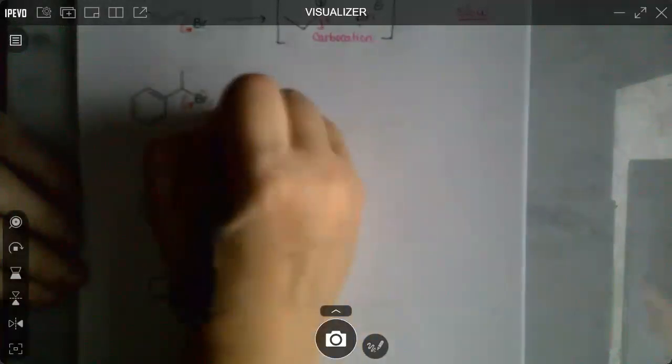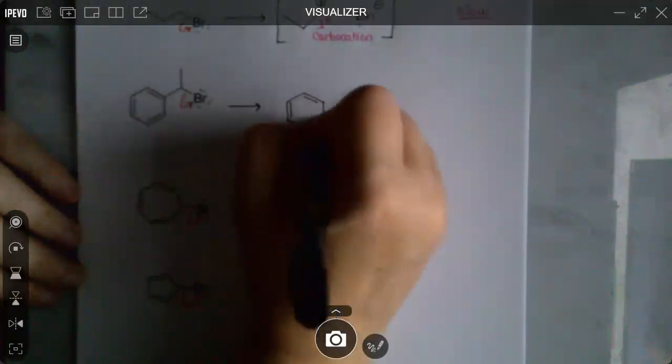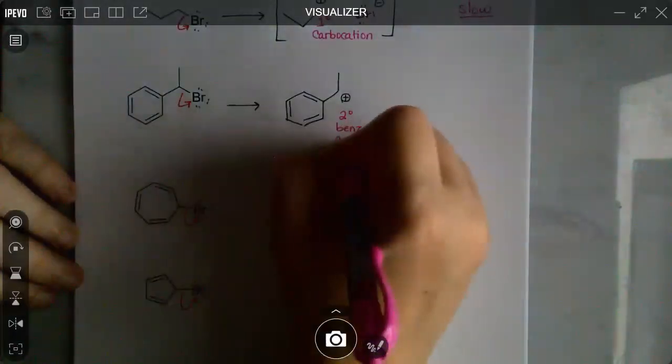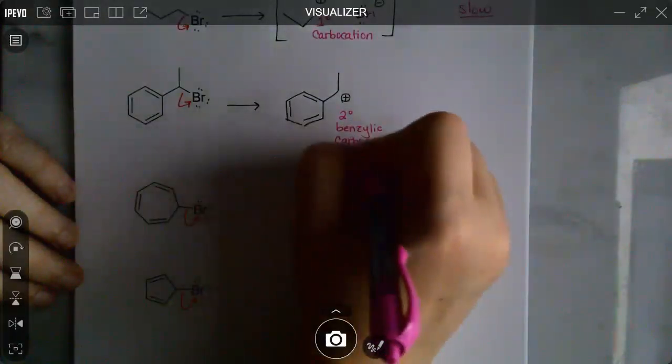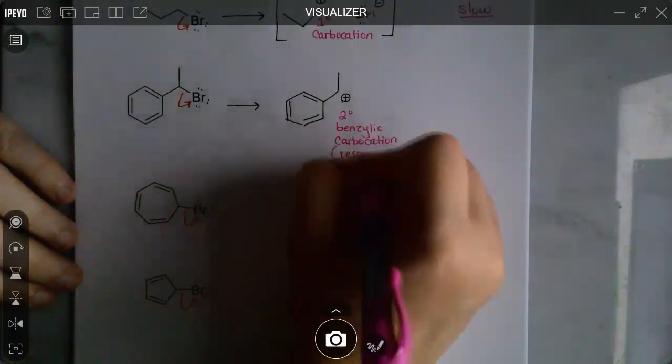So we would form in this case a secondary benzylic carbocation, which we know is resonance stabilized.